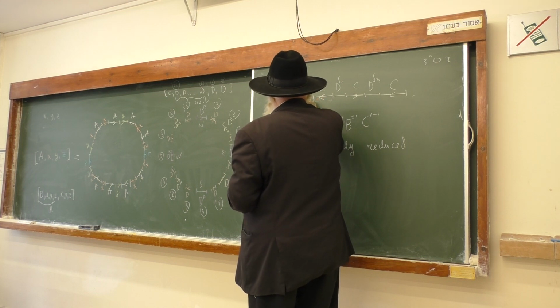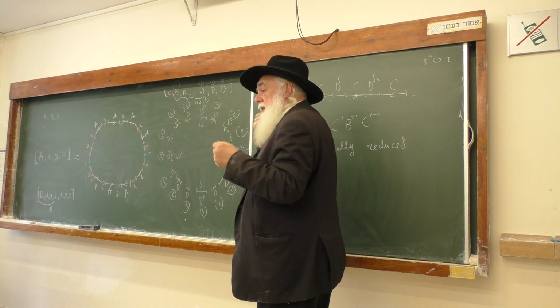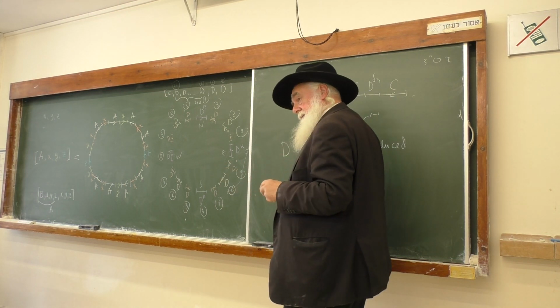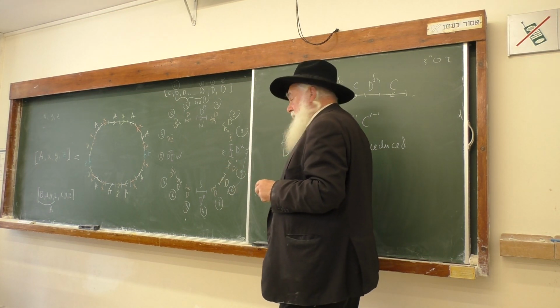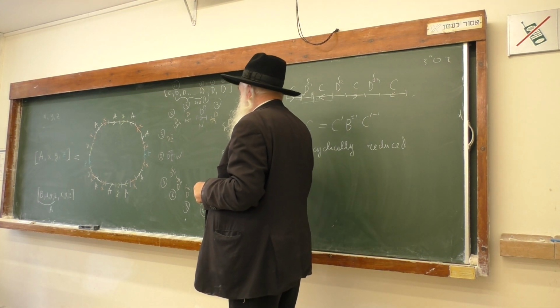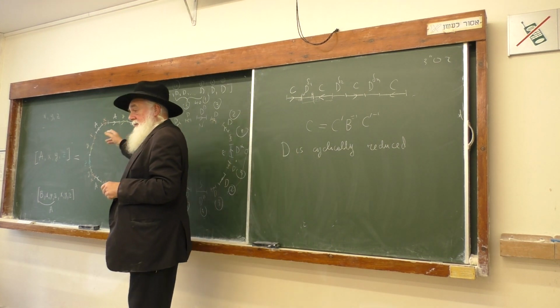Here is the first instance when this letter is different from the inverse of this letter. This is the place where it is, because the word is cyclically reduced. And now I'm saying that this kind of combinatorial structure is incompatible with this.